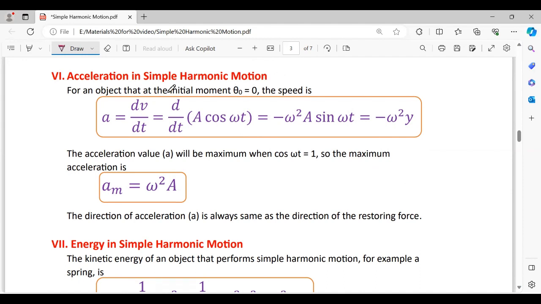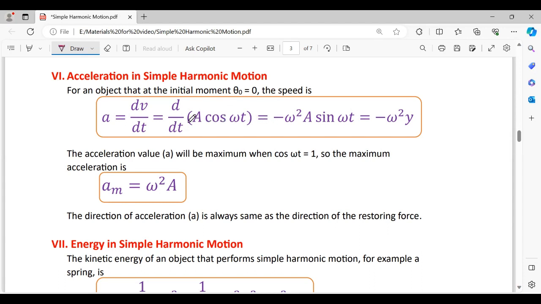For an object that at the initial moment theta 0 equals 0, the velocity or the speed is like this. a equals dv over dt equals d over dt of a cos omega t, and the derivative of a cosine omega t equals minus, you know that the derivative of cosine is negative sine.